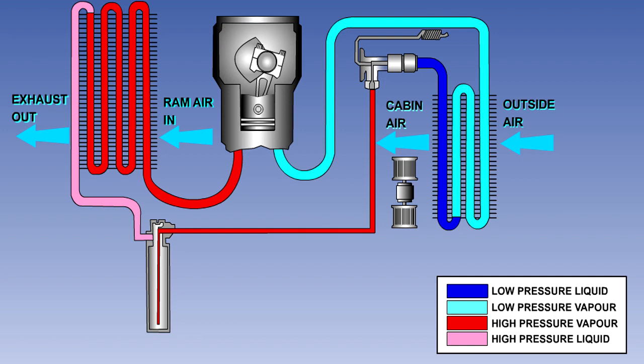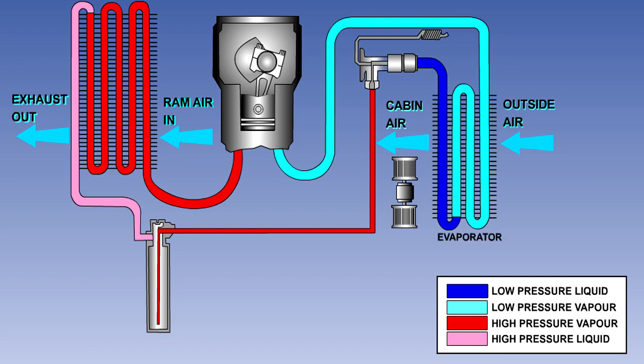It is compressed, cooled, expanded, and heated in that order. The refrigerant is a liquid which boils at approximately 3.5 degrees Celsius at sea level atmospheric pressure. At higher pressures, the boiling point is increased, and vice versa.